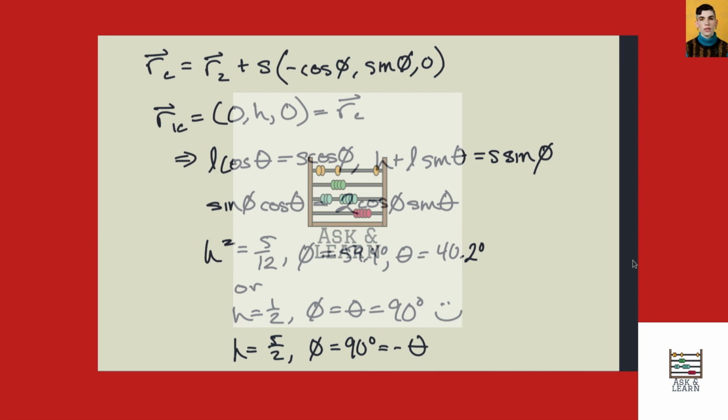So this vector should be equal to this, which gives us some more geometric constraints that relate our angles and our lengths to the distance we're looking for, h.